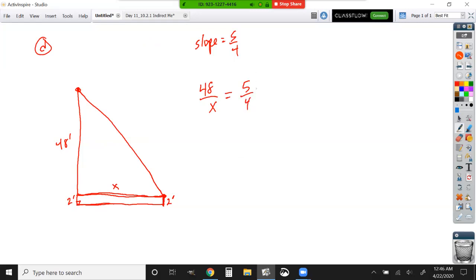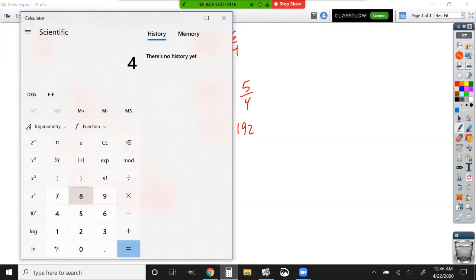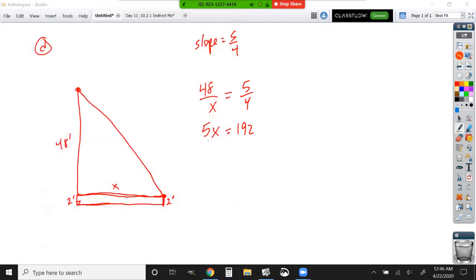If I cross multiply this, 5x is going to equal 192, because 4 times 48 is 192. Let me just double check that. I did that in my head pretty quickly. Yep. And so now I divide by 5, x is going to equal, what's that? 3, remainder 42, 6, 36.4 feet.